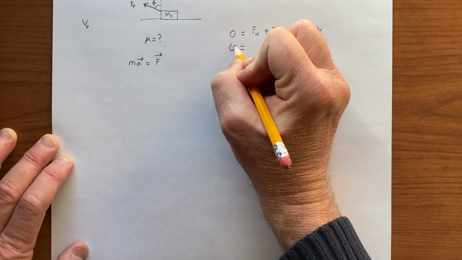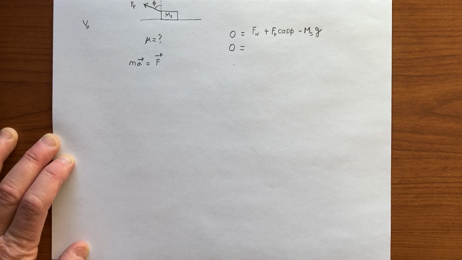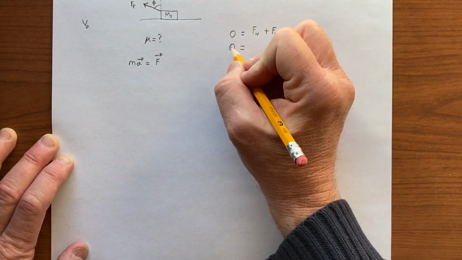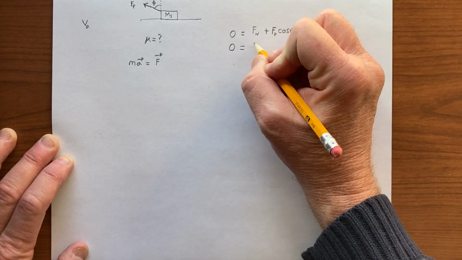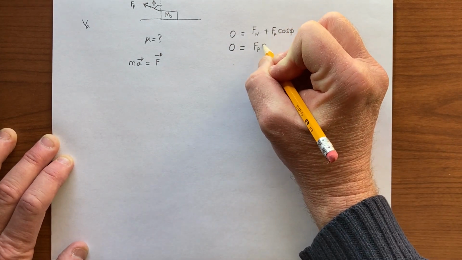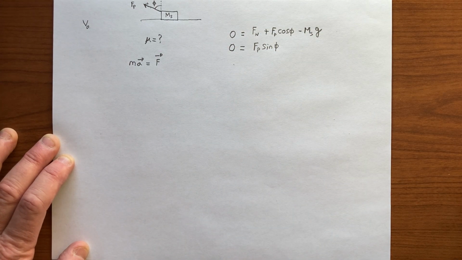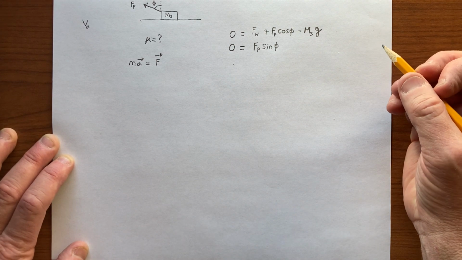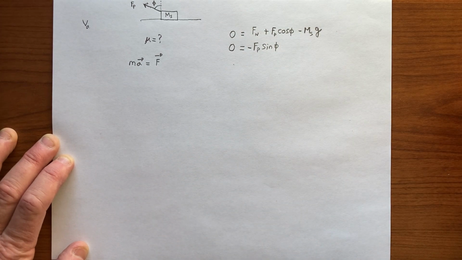And in the horizontal direction, we also have 0 acceleration because the speed is constant. And we have Fp sine of phi in the horizontal direction to the left, so really this is a negative, if that's the convention we use.